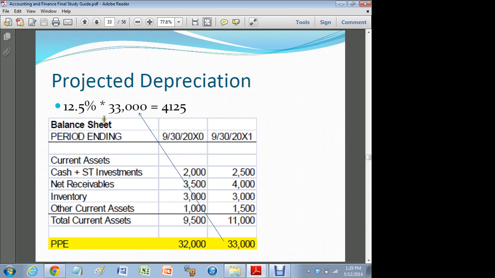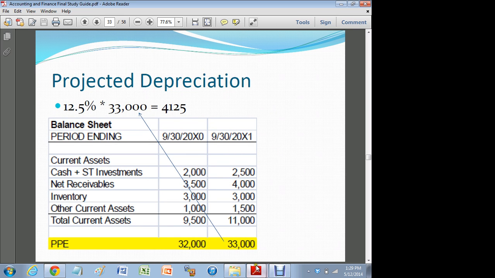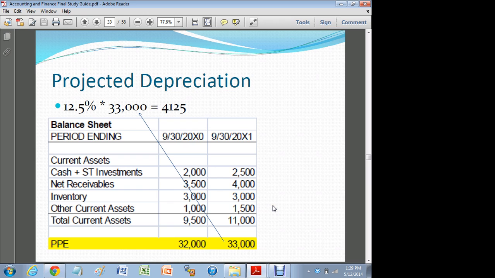So we're going to keep the same percentage, but we're going to take the PPE at the end of this period to get depreciation for the next year, which is not shown here, but that would be depreciation here. So what makes this not as straightforward as the previous one is you have to make sure to take the numbers from the right column.